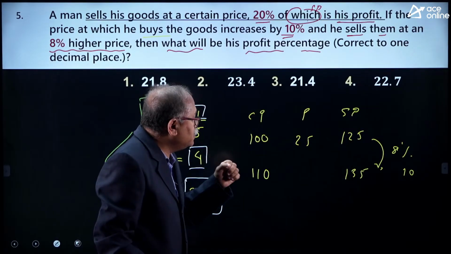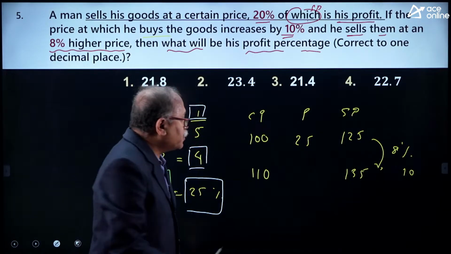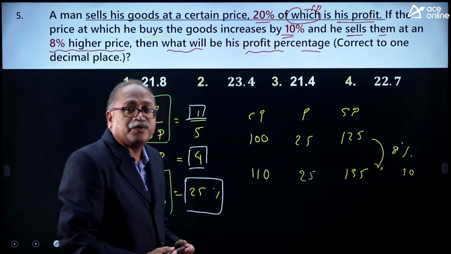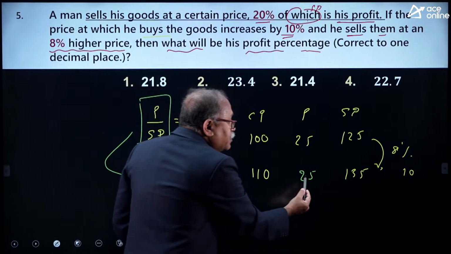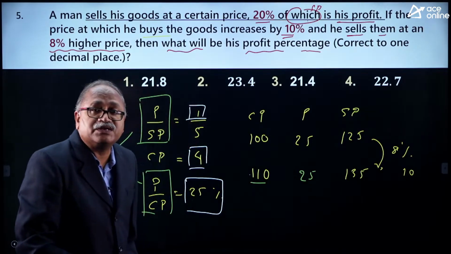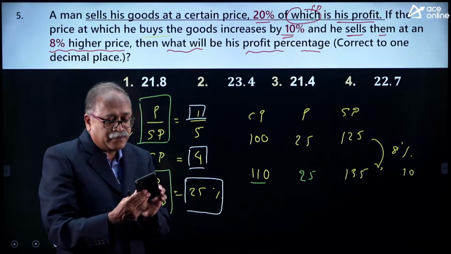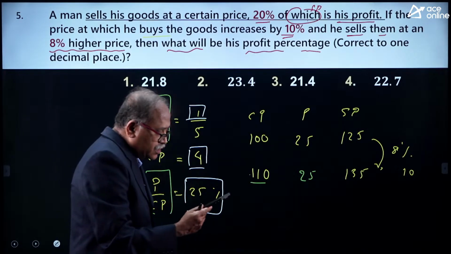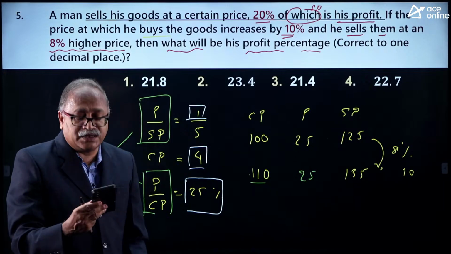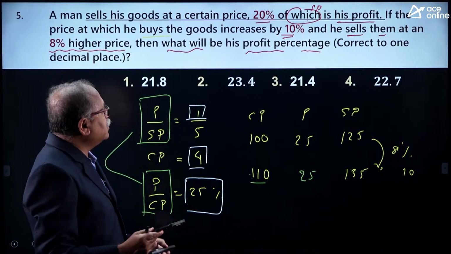Okay. Here, how much is the profit? I noticed that 25 is the new profit. So, the 25 profit over 110. So, what is the profit percentage? Anyone answered it? Option 4, Chinna Rakesh says option 4, and Varshini agreed with option 4.